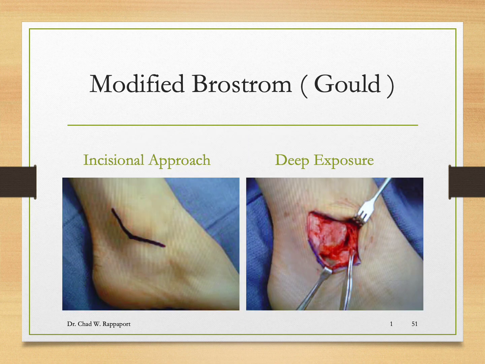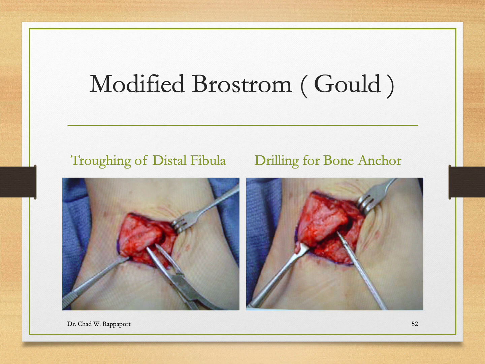These are not my slides personally, and so this is not obviously a curvilinear incision, but another typical incisional approach with the subsequent deep exposure. Generally speaking, a trough is made within the distal fibula to enhance tendon-to-bone healing.